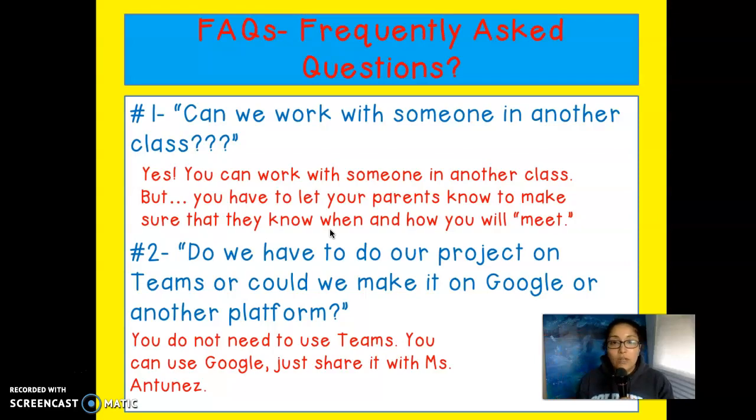If you want to make it a Google presentation, then go ahead and make it on Google if it's easier for you. If you're doing a poster board, you don't need Teams, obviously, because you're doing it on a poster. So you can do it on any platform or surface area, tablet, drill it into a piece of stone, anything you want to do, as long as you're doing your project and you share it with me.